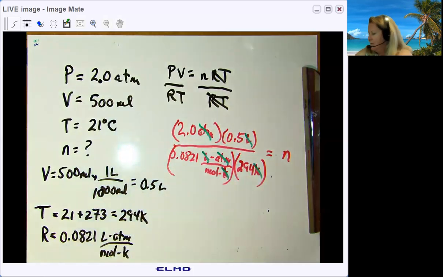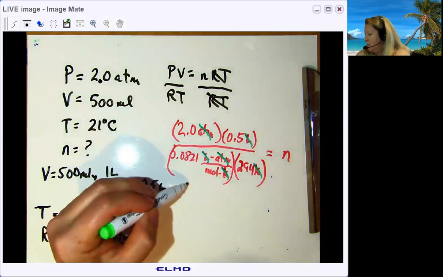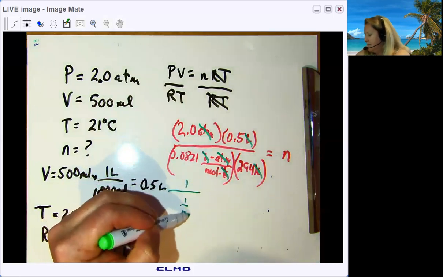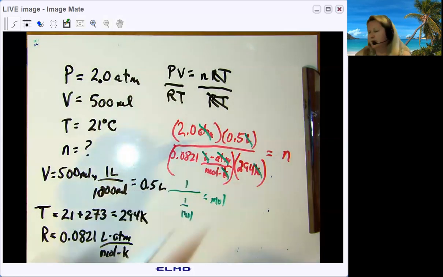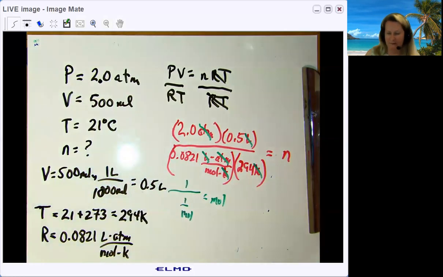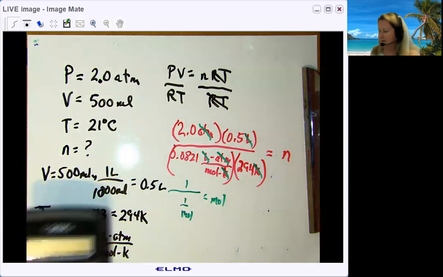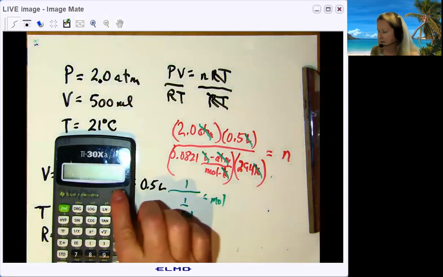All right, what are we left with? We're left with 1 over moles. That's the only unit we're left with, which is going to work out to moles, which is what we want our answer to be in. All right, so let's take out our calculators.